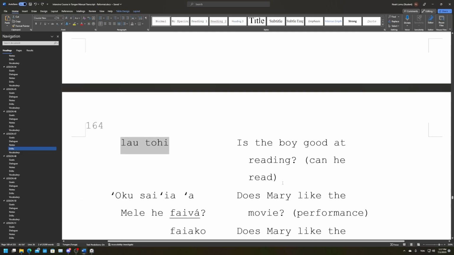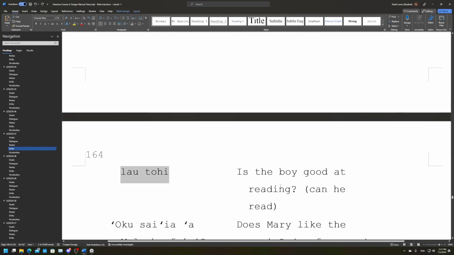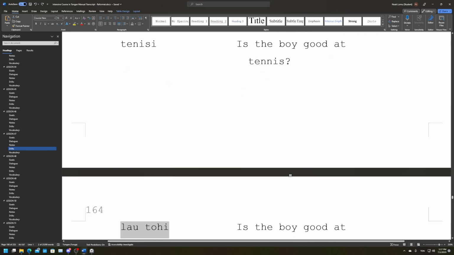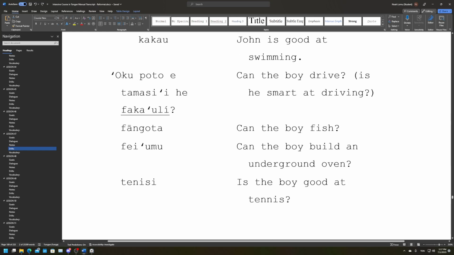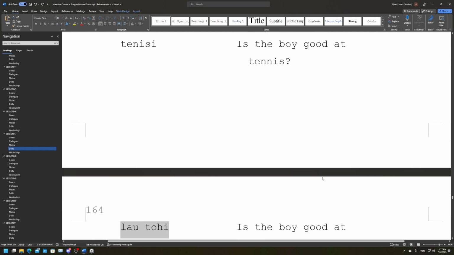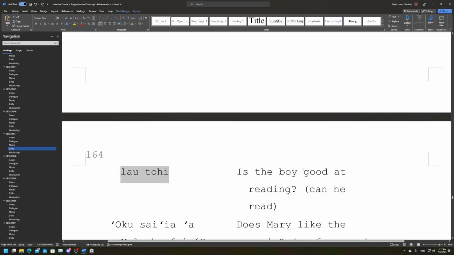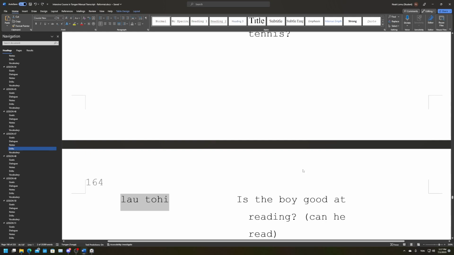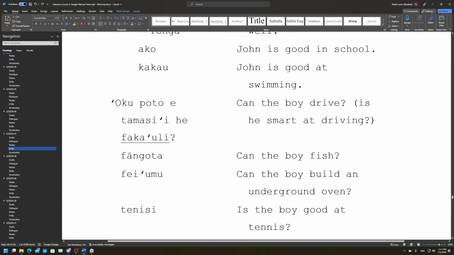O ko pota tamasi I he la tohi. Ko pota tamasi I. Yes.